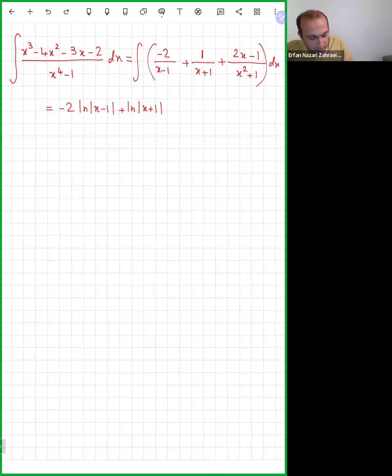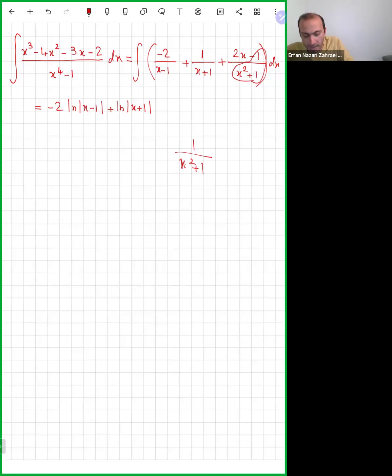To compute this last integral, which is this, I need to divide it into two integrals, this and this. Why? Because if I had this and I would have constant on top, then I knew that derivative of arctangent is 1 over x squared plus 1.